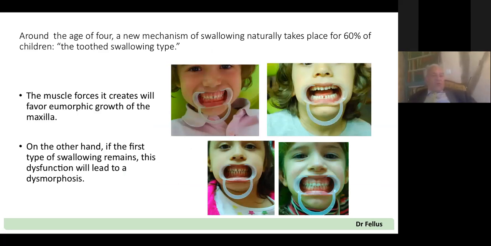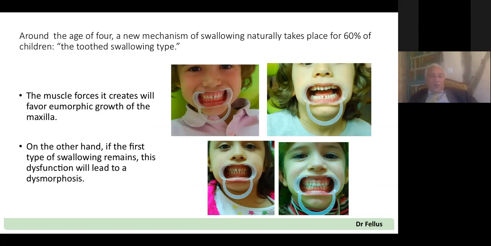Around the age of 4, this new mechanism for swallowing takes place naturally for 60% of children, and we will call it the tooth swallowing deglutition. And the muscle forces that it will create will favor harmonious growth of the maxilla.